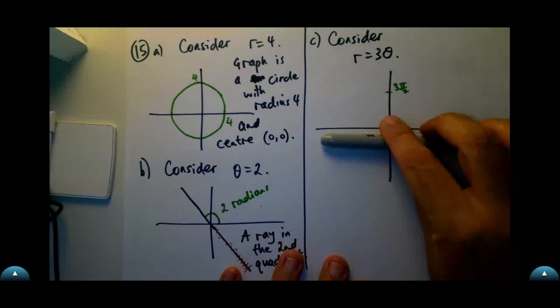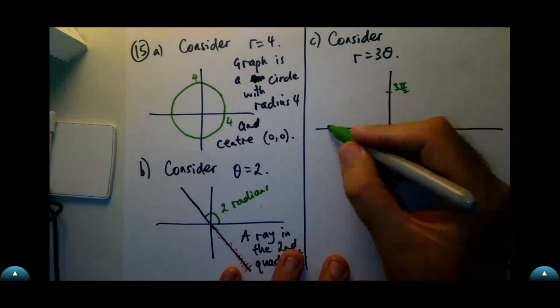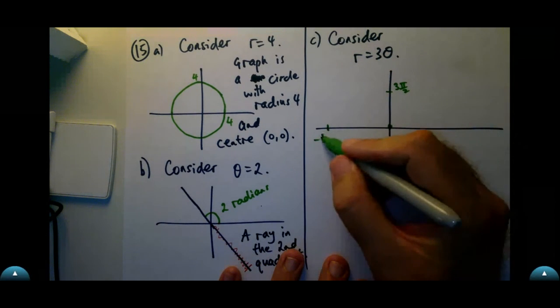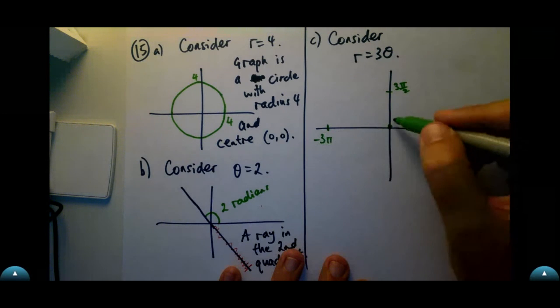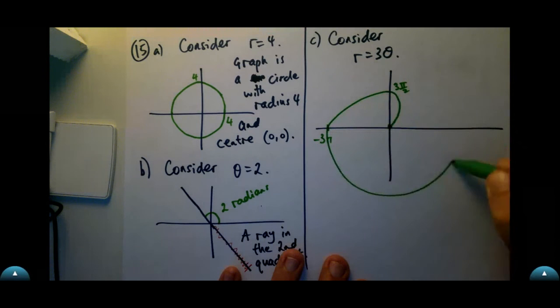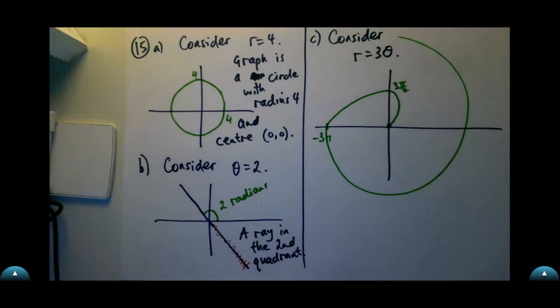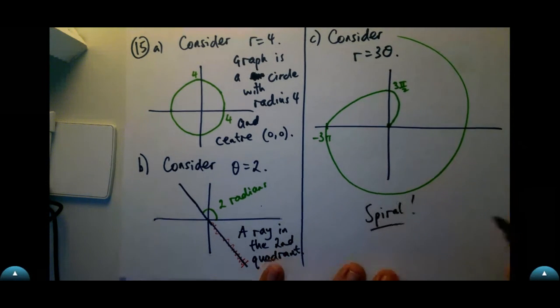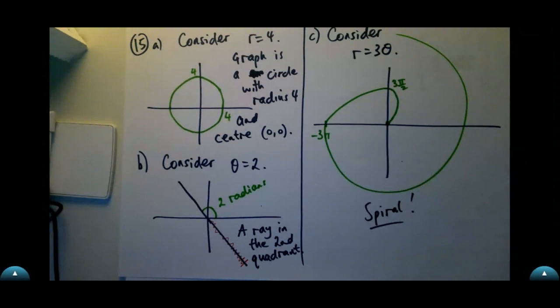If theta equals pi, I'll be out here, so this will be 3 pi. So what's happening here is this is getting bigger and bigger and bigger, okay? And it's a spiral.